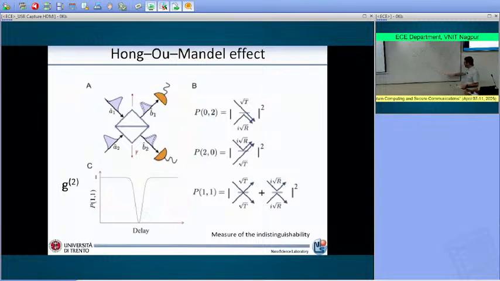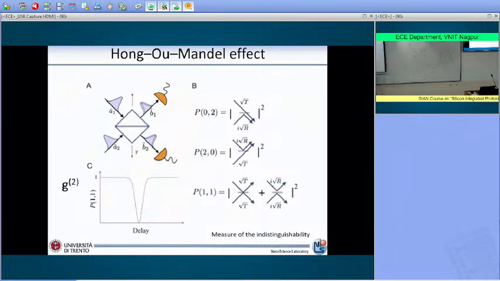And it is equal to 0 because I could never have the situation where both photons are reflected or both photons are transmitted. Okay? And this is a characteristic of the fact that the two photons are indistinguishable.